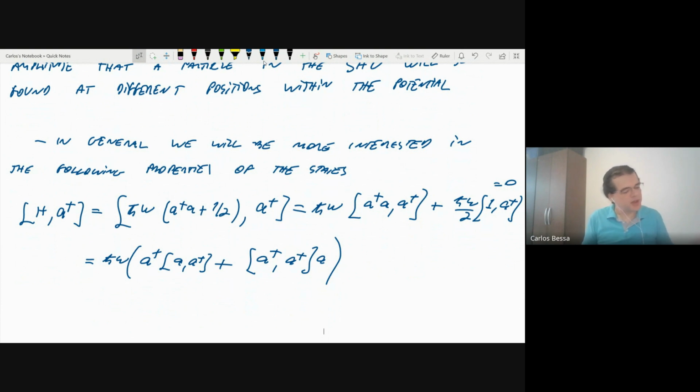Today I didn't put the page because I forgot, but I can give it after. But this is the rule when you have commutators with more than two operators inside the one commutator. So the commutator of A dagger with A dagger, of course, is 0 because it commutes with itself.